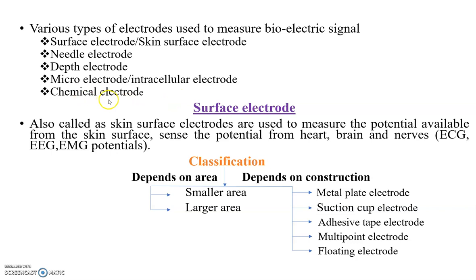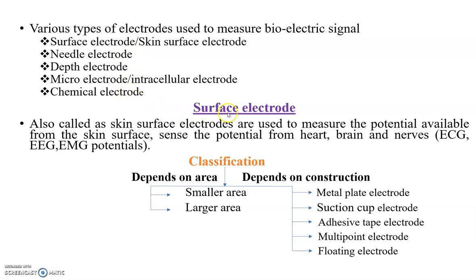Finally, the chemical electrodes are used to measure the pH, PO2, oxygen and CO2 contents in the blood. In this manner, biopotential electrodes are used widely in different medical applications. In your syllabus, only surface electrode, needle electrode and microelectrodes are mentioned. Let us see one by one.